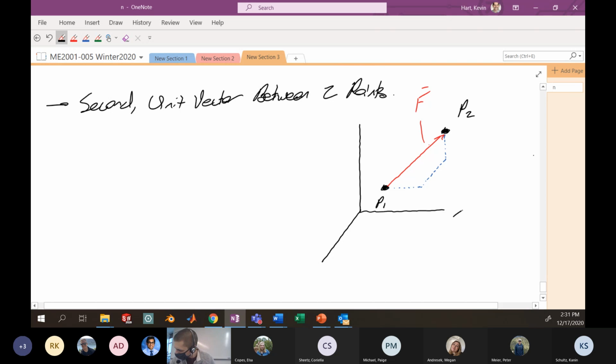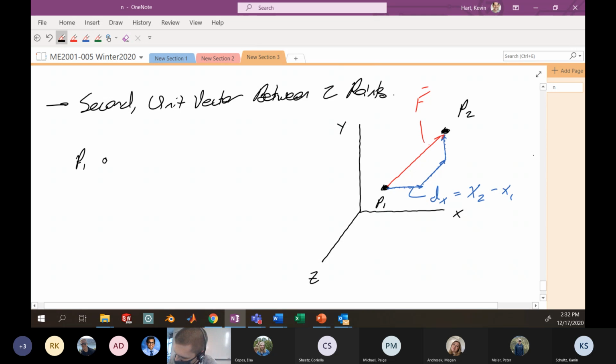So we give our traditional labels, X, Y, and Z. And I would say here that there's a distance that exists between point 1 and point 2, given by these general vectors where they represent distances in space. Here, this would be the distance I travel in X. I typically call this dx, which would be the location of point number 2 in X minus the location of point number 1 in X.